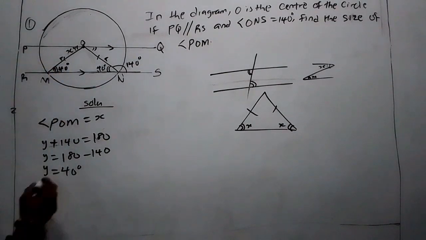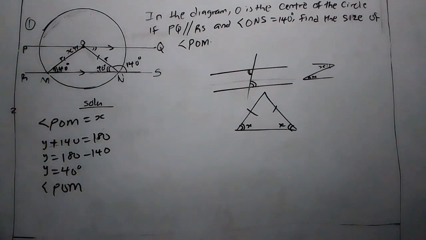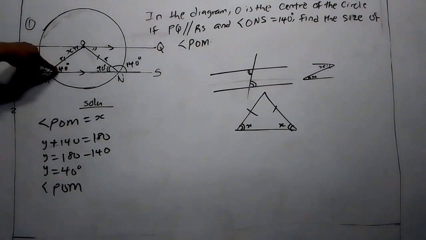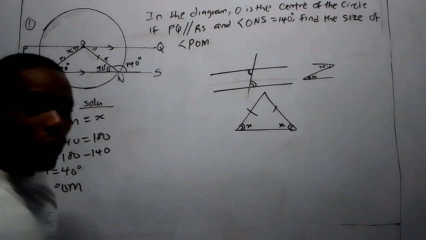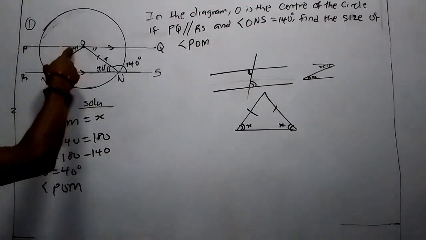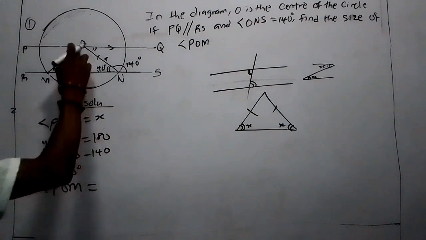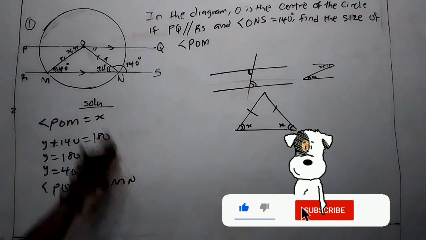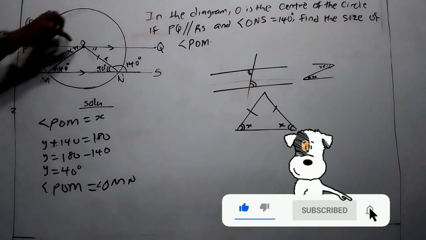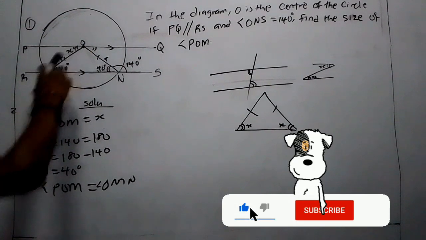To get our angle POM: this place is an alternate angle to this, and alternate angles are always equal. So the angle OMN is equal to 40 degrees.